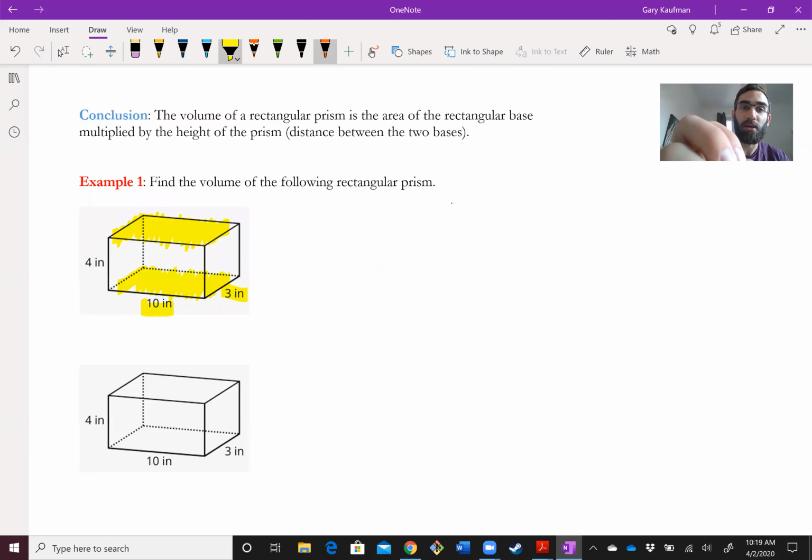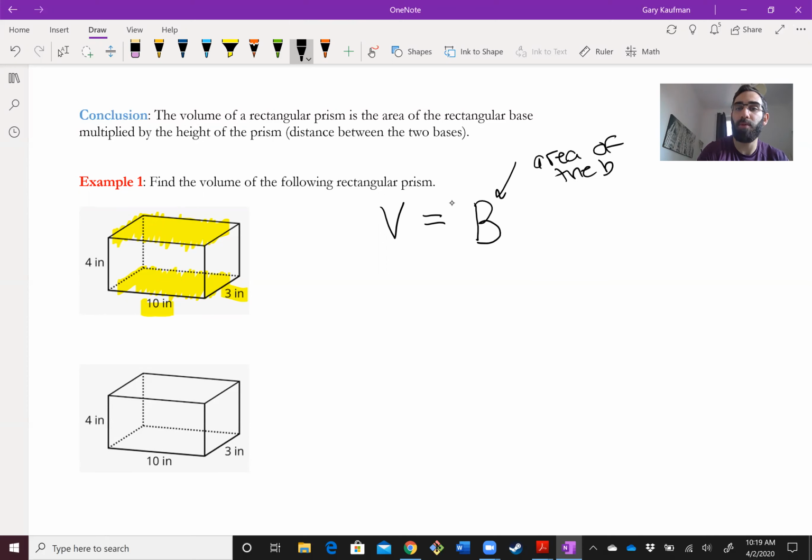So I say, okay, well, volume equals, we're going to do a big B to represent the area of the base multiplied by the height. So the volume is the area of the base.